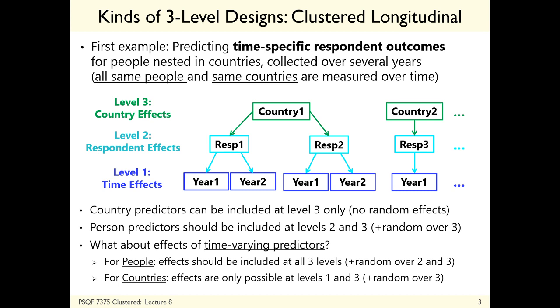So in this type of design, you might have country characteristics that are measured across time. They would go in level 1 and their mean at level 3. If I have person-level characteristics that are measured across time, they would go in level 1 and level 2, and their means across people would go at level 3. So time-varying predictors get to be extra tricky in these sorts of designs.